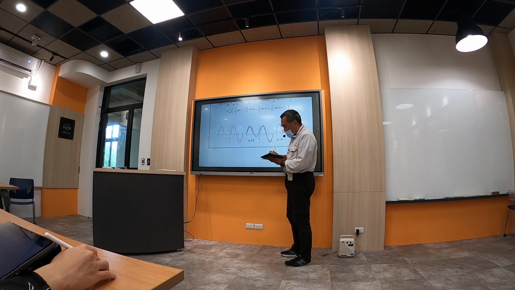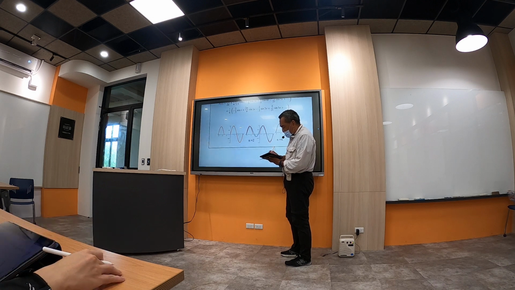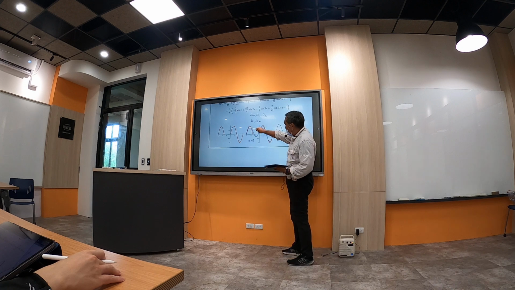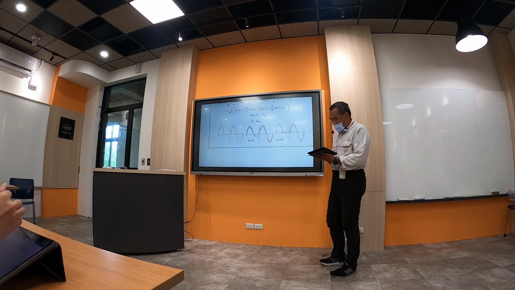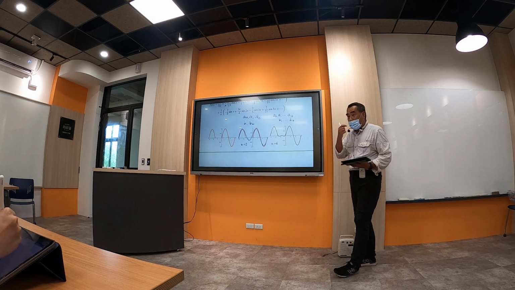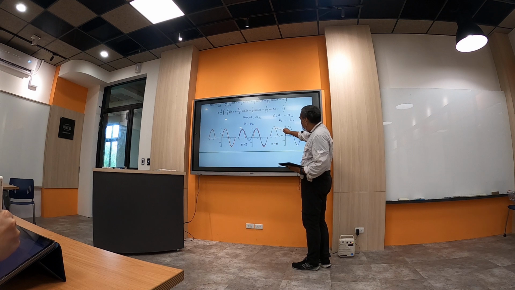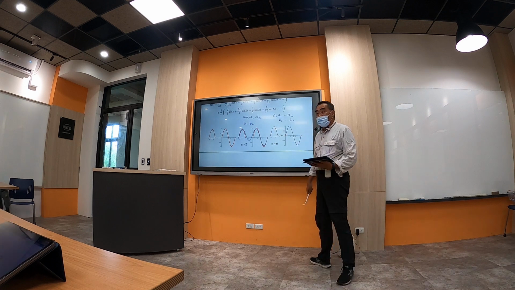So if n equals 2, that is, we use A0, A1, A2, and B1, B2. Okay, so this is indicated by the blue line. And for this case, we use A0, A1 up to A6, and B1 up to B6. So we use more terms to represent the result, and it is even closer to the actual f(x) function.